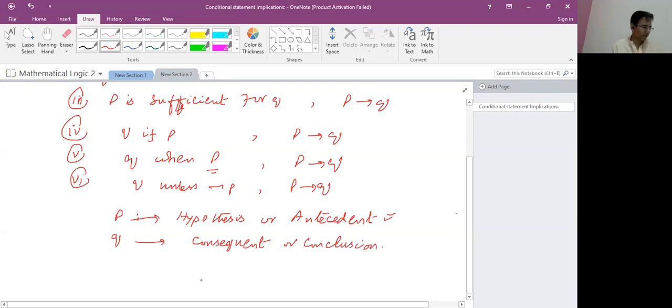For example, I give you an example of a conditional statement. If tomorrow is Monday, then today is Sunday.